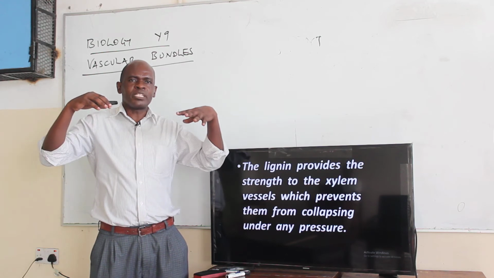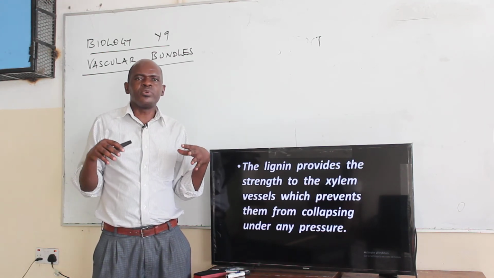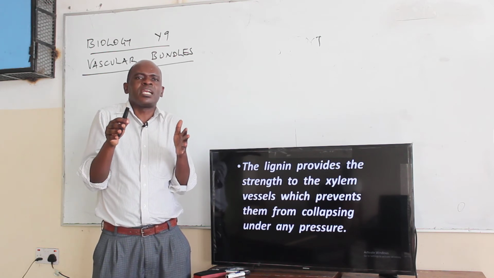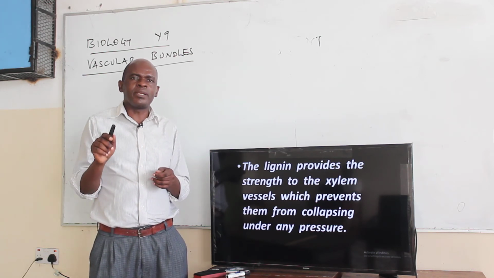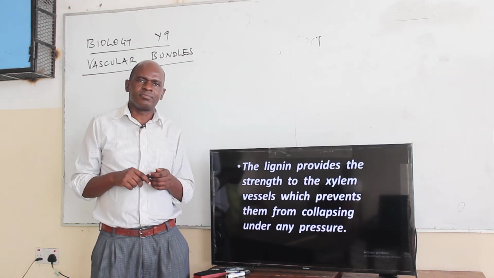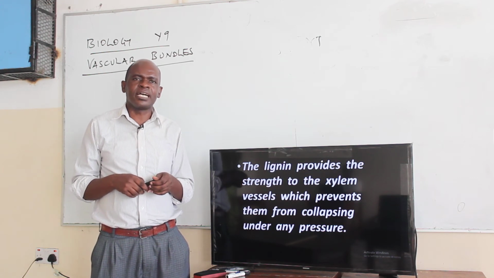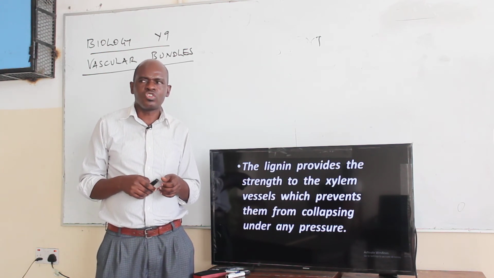When all these materials are hanging on the same stem, you expect a lot of pressure on that particular stem. So the lignin present in the xylem is able to offer extra strength to the xylem vessels so that they don't collapse when such pressure is exerted on them.